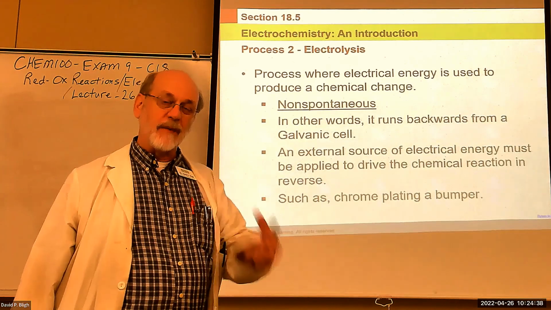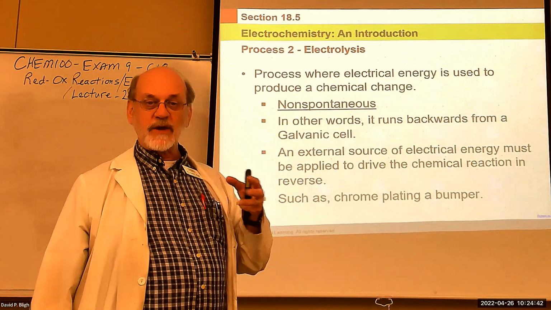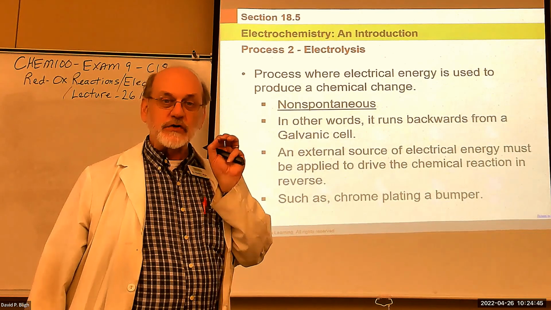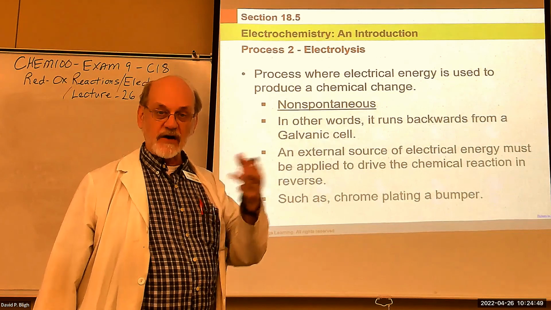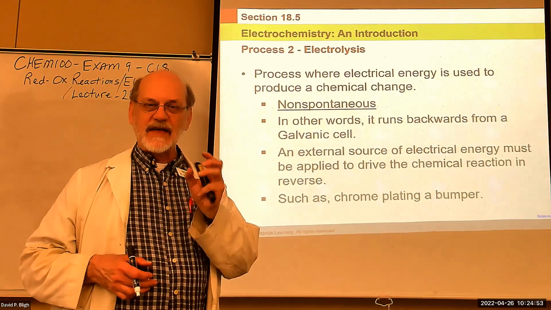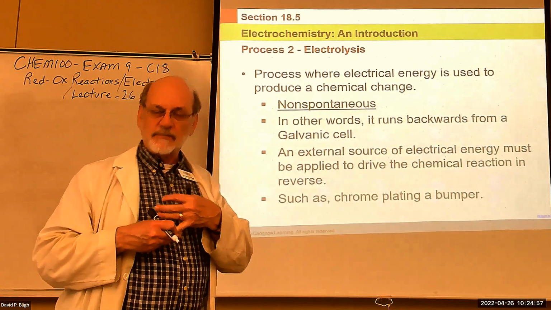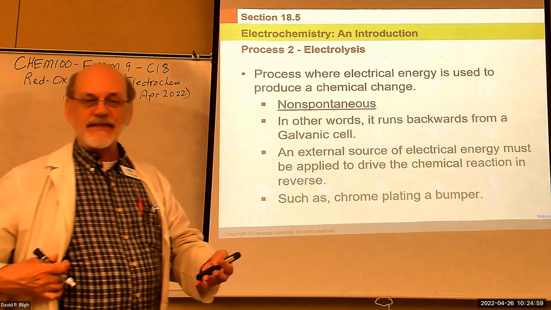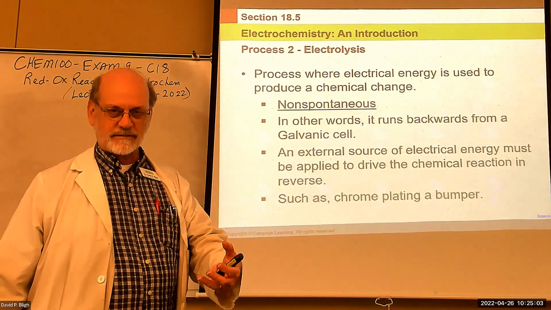But when we want to put it on a bumper, we run the reaction in reverse and reduce the chromium ions into metal. The chromium ions are positively charged. We add electrons to them by forcing them, and that makes chromium metal, and it deposits on the bumper, because the bumper now is the cathode. That's the site of reduction.